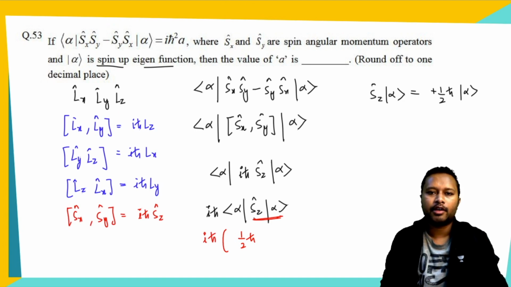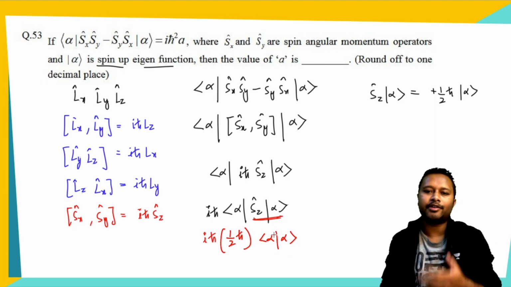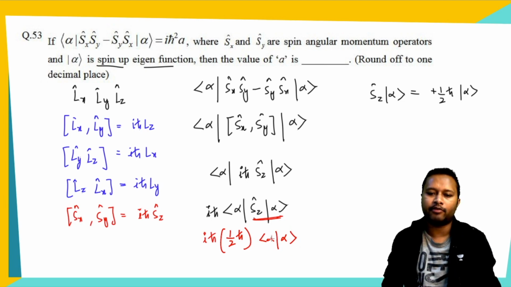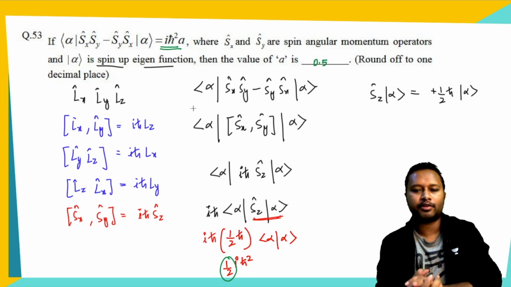Then I am going to have half h cross, and since this alpha was already there, this new alpha, the bra vector of alpha, is written over here. Now this is a normalized wave function, so obviously its value will be equal to 1, and you are just going to get half i h cross square. They were asking the value of a, right? So if you compare it with this, your a will become half, that means 0.5. So this is going to be the final answer for this question.